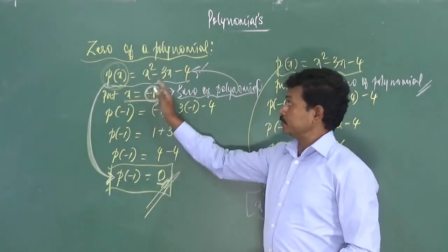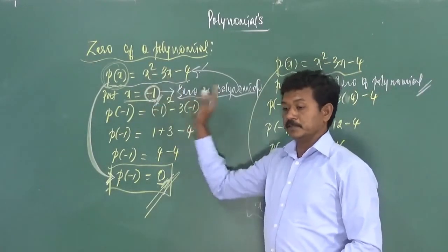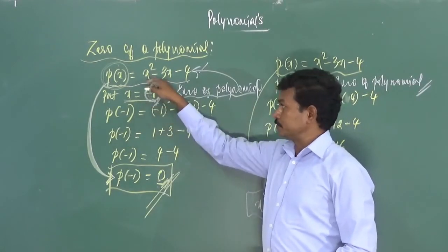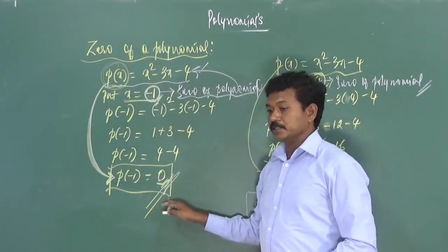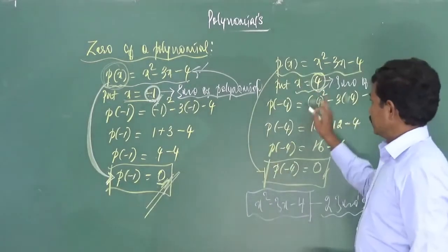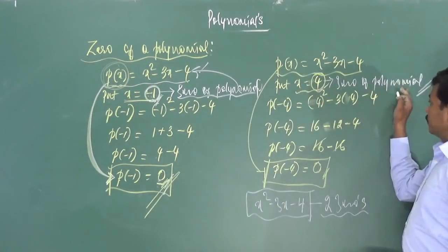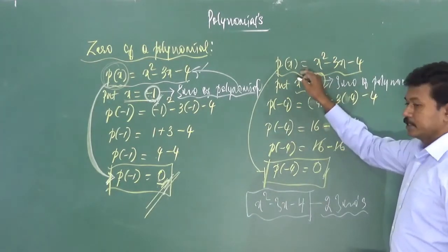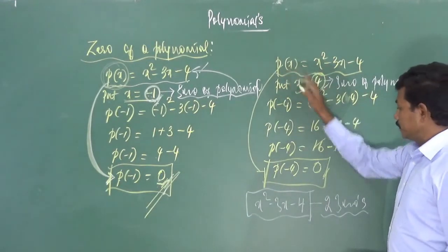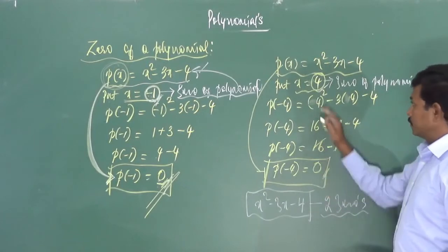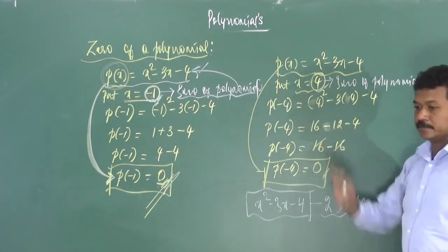But here minus 1 is 100% the zero of this polynomial. In the same manner, x is equal to 4 is the zero of the polynomial, because when it is substituted in the polynomial, it makes p of x equal to 0. Therefore 4 is also a zero of this polynomial.